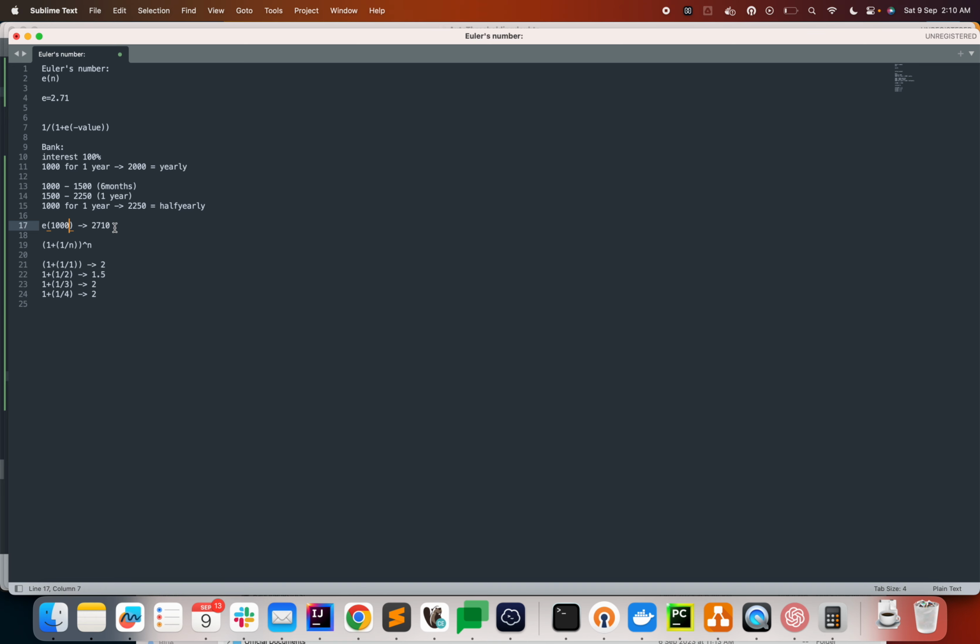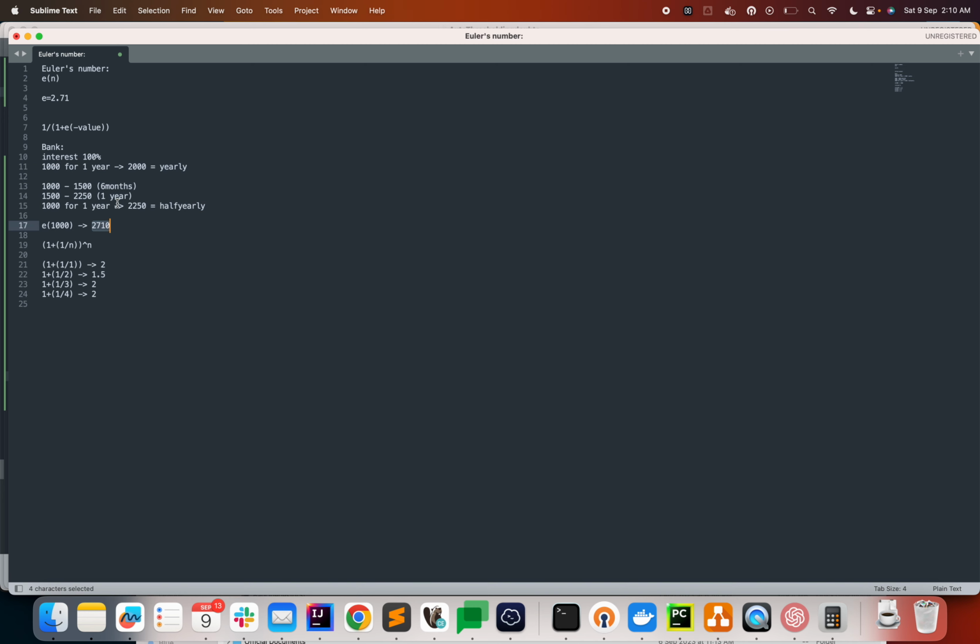Even at 10,000 it will be about the same. So if the bank calculates every second or millisecond, the max benefit you will get is 2,710 when you invest 1,000. So this is some beauty, right?